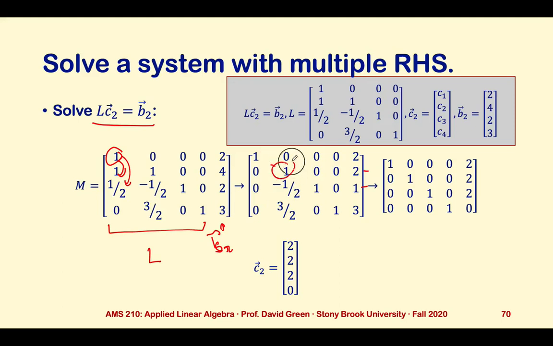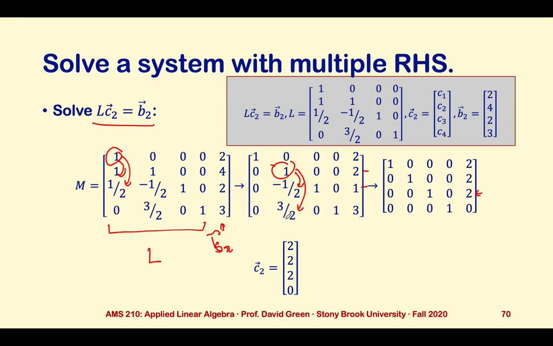Move over and down to our next pivot. Do the same thing. Add half times the second row to the third row. Half plus negative half is 0. 2 zeros, so we skip 2 columns, leave them unchanged. Half of 2 plus 1 is, of course, 2.